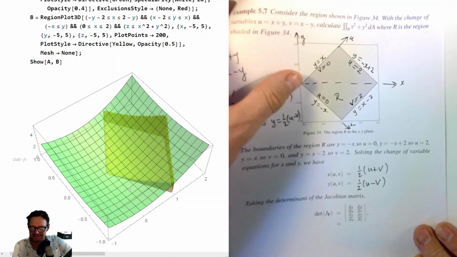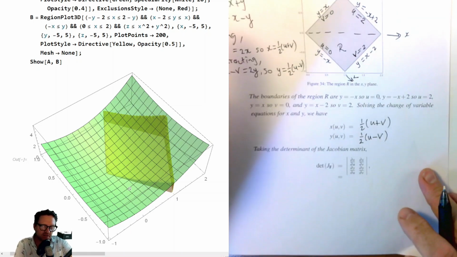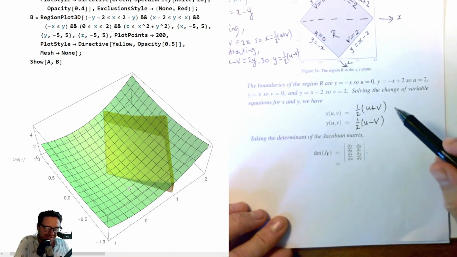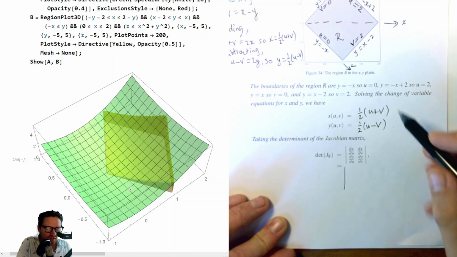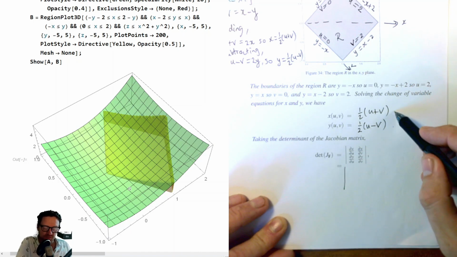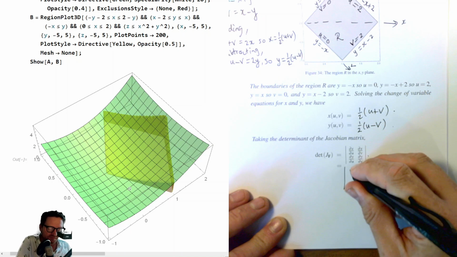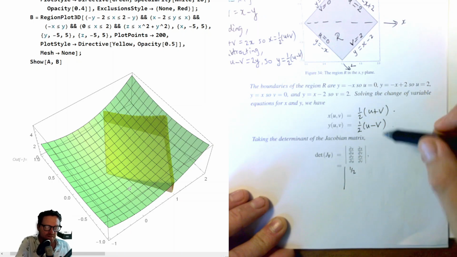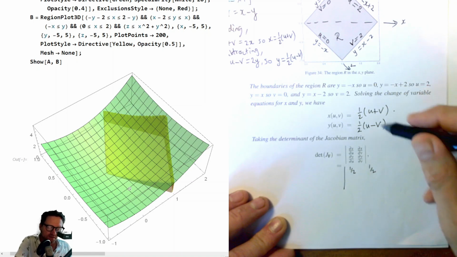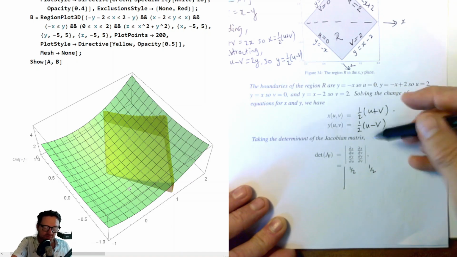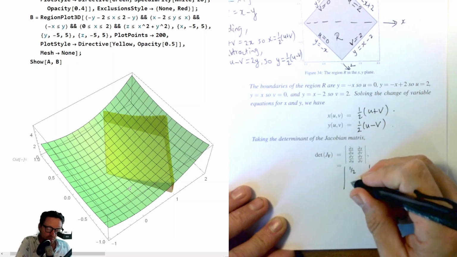Okay, next, let's take the Jacobian and its determinant. So we need to differentiate these two partially with respect to u and with respect to v. The partial derivative of x with respect to u is 1/2. Partial derivative of x with respect to v is also 1/2. The partial derivative of y with respect to u is 1/2.